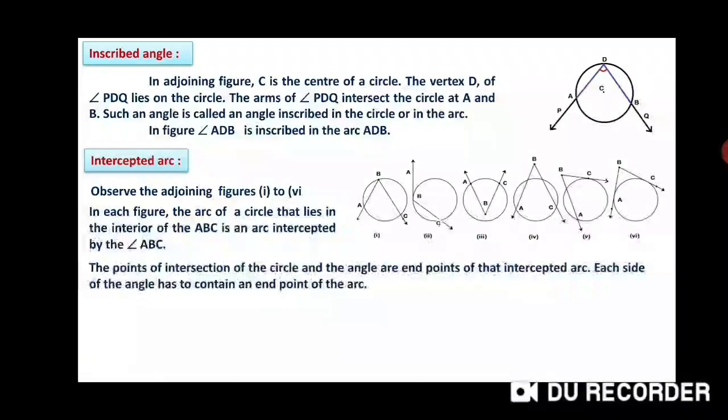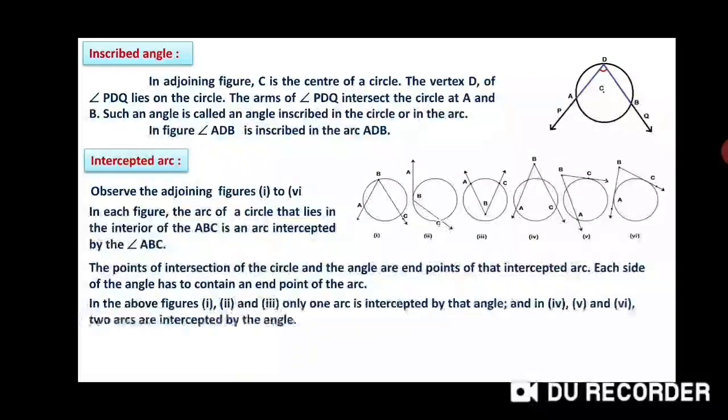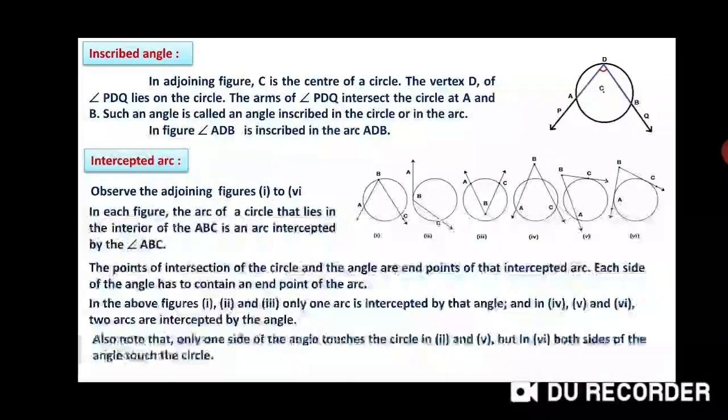The points of intersection of the circle and the angle are endpoints of that intercepted arc. Each side of the angle has to contain an endpoint of the arc. So in the above figures 1, 2, 3, only one arc is intercepted by that angle, whereas in 4, 5 and 6, two arcs are intercepted by the angle.